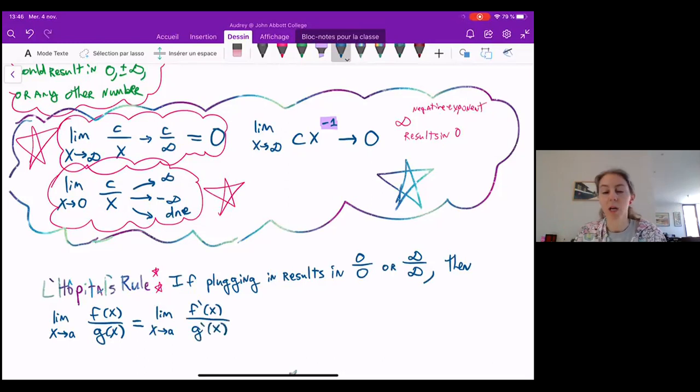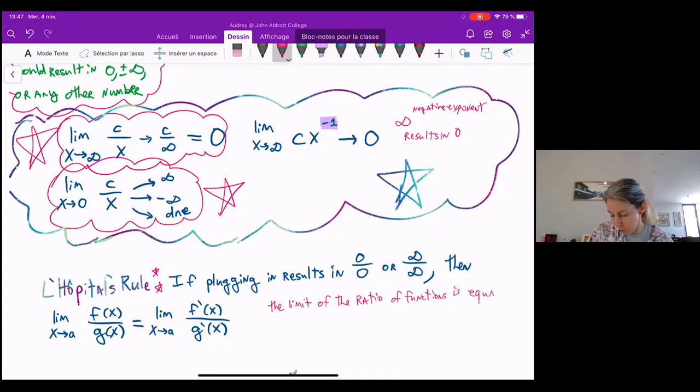In other words, the limit of a ratio of functions is equal to the limit of the ratio of the derivatives of those functions.